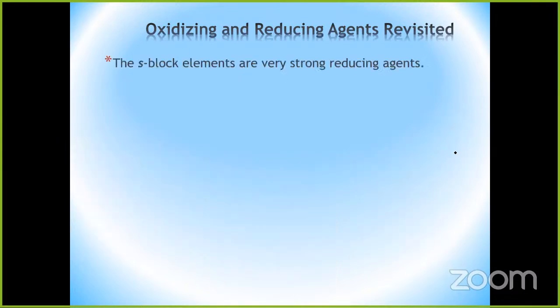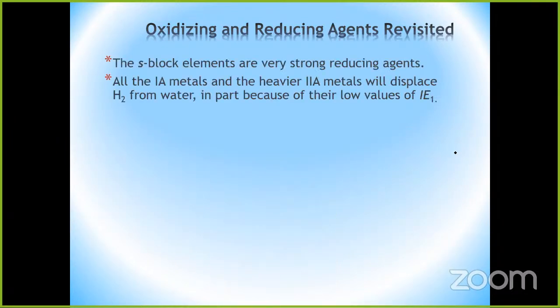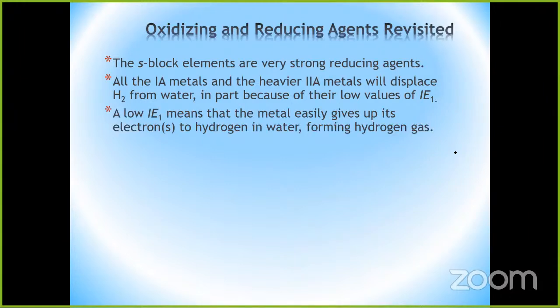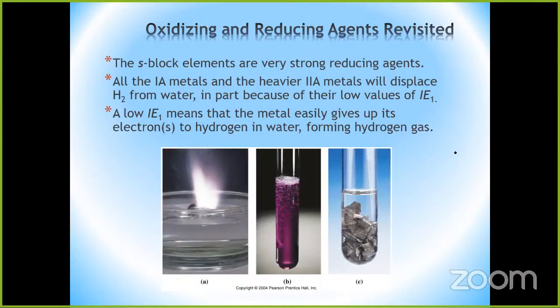And then they're talking about the reducing properties of metals. The elements in groups 1A and 2A are known to be relatively strong reducing agents. One example is their reaction with water, and the reducing properties of these elements increase as you go down the group.